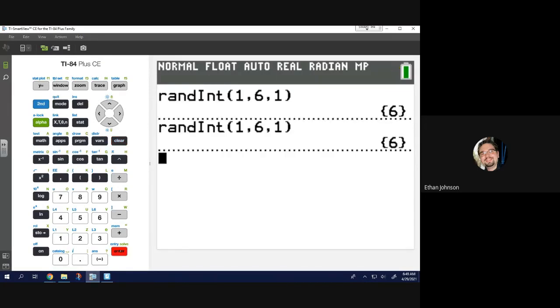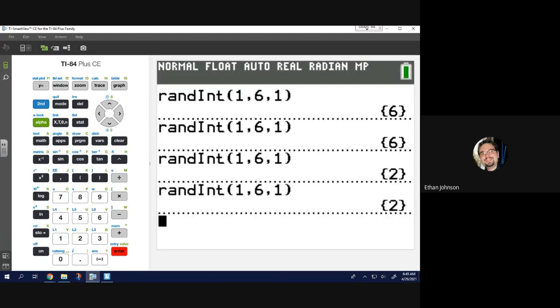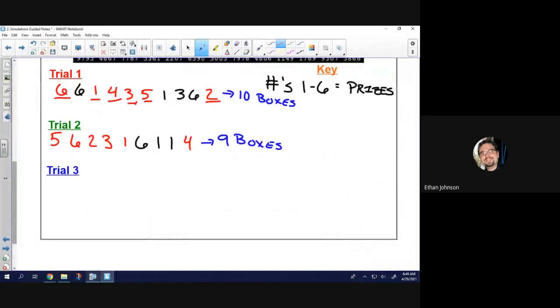We have a 6, a 6, 2, a 2. So we have a 6, and then we got the same prize. Then we got a 2, and then the same prize.